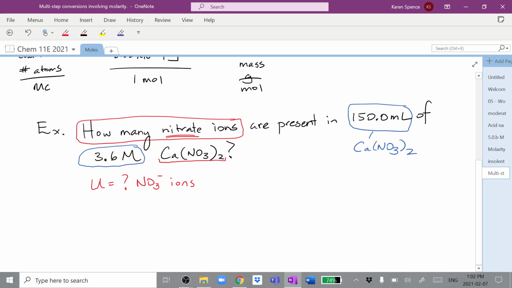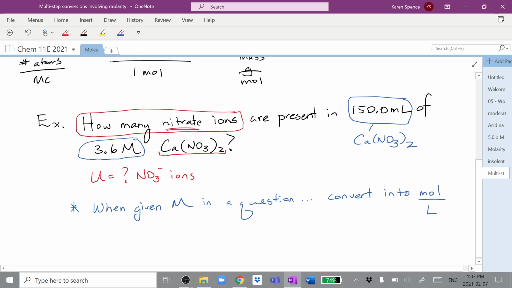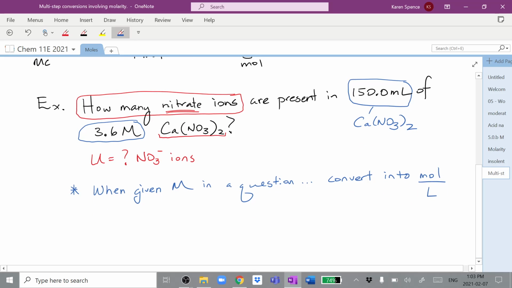Well, remember, whenever you are given molarity in a question, convert it into moles per liter. Okay, so we're going to rewrite our 3.6 molar as 3.6 moles per liter.